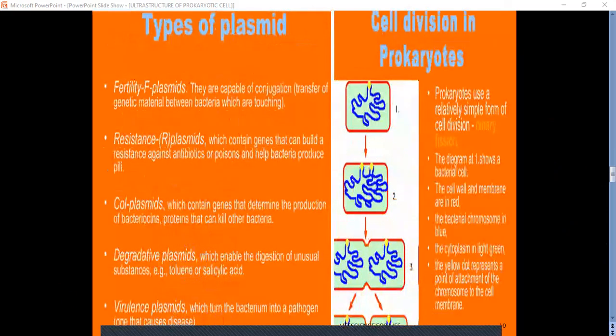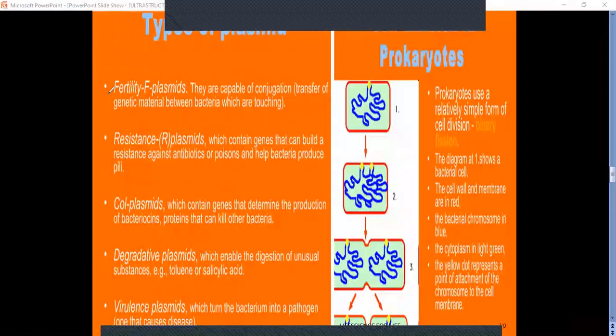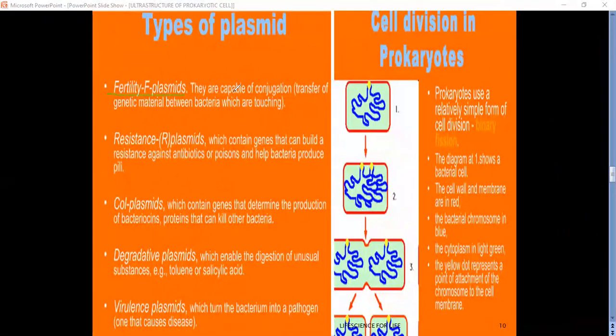Types of plasmid. There are different types of plasmids that we are going to discuss. For example, fertility plasmids. They are capable of conjugation, the transfer of genetic material between bacteria which are touching. If there are two bacteria present, there is a transfer of DNA from one to the other using a tube known as a conjugation tube.